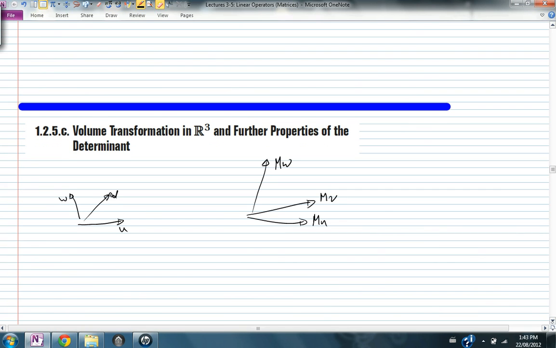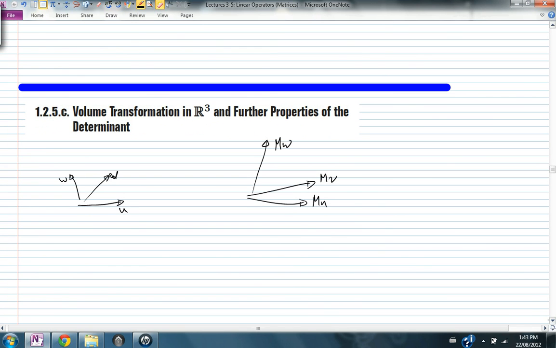Now there is another function of the determinant of a matrix in R3, which is the following. If I have three vectors, u, v, and w, the volume of the parallelepiped made out of those three vectors is equal to the triple product u dot v cross w.